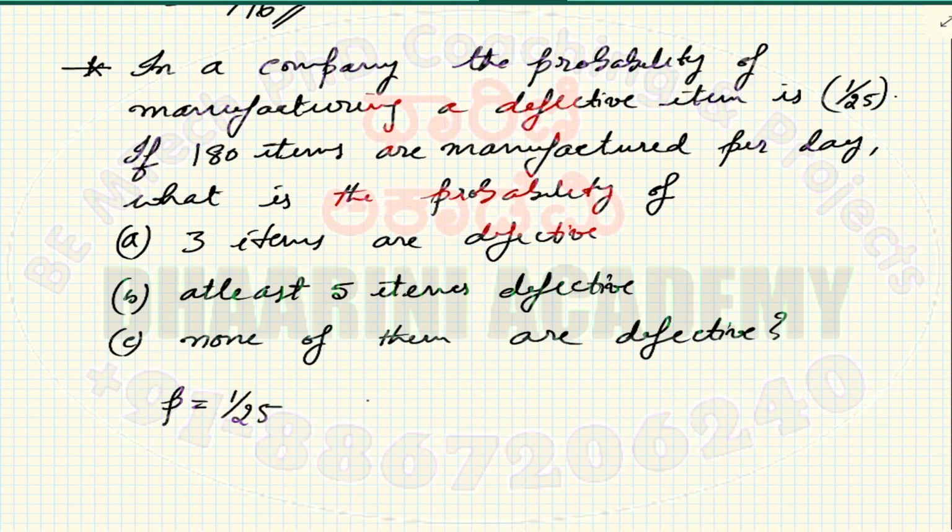So what should be the other way? That is, probability of not being defective should be 1 minus 1 by 25. So that is 24 over 25. And they are mentioning that this experiment is repeated 180 times. So n is equal to 180.